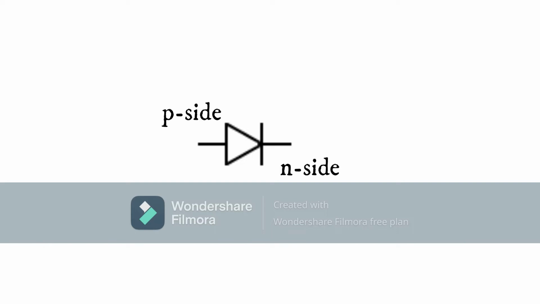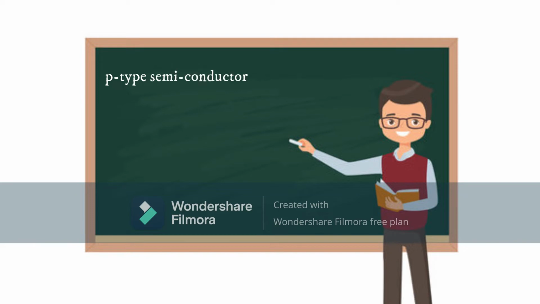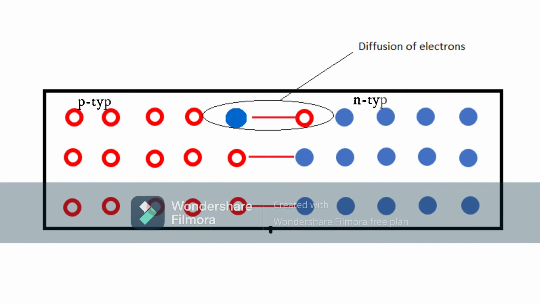Till now we have constructed our diode, but we don't know how it works. So, let's jump inside this diode and understand its internal working. As we know, the P side of the diode has holes as the majority charge carriers, while the N side has electrons as majority charge carriers. Inside the diode near the point of contact, the electrons from the N side diffuse into the P side of the diode.